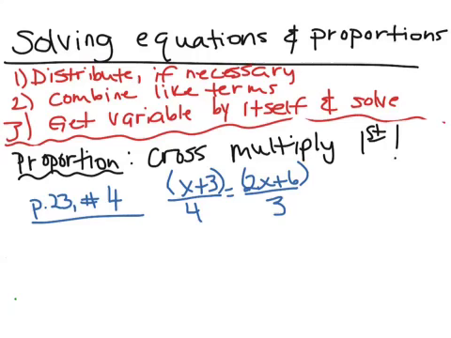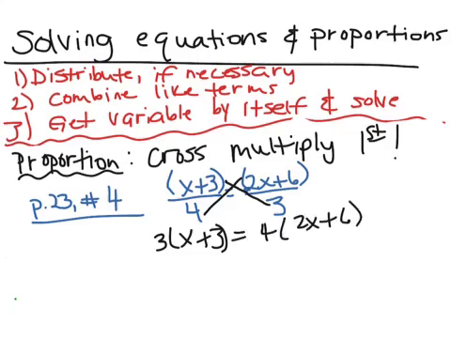So when I cross multiply, I have to do x plus 3 times 3 and 2x plus 6 times 4. I want to make sure that I put parentheses in there because I need to distribute here, because I have 3 times all of x plus 3 equals 4 times all of 2x plus 6.